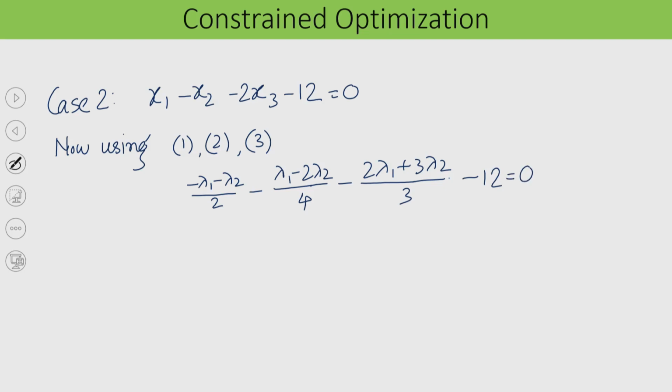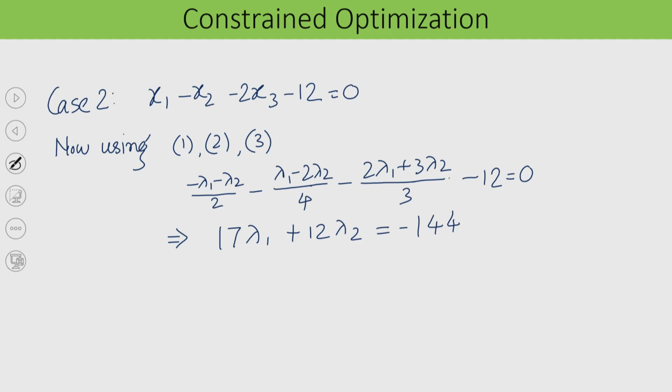Okay. So, if I simplify this equation, I will be getting 17 lambda 1 plus 12 lambda 2 is equal to minus 144.